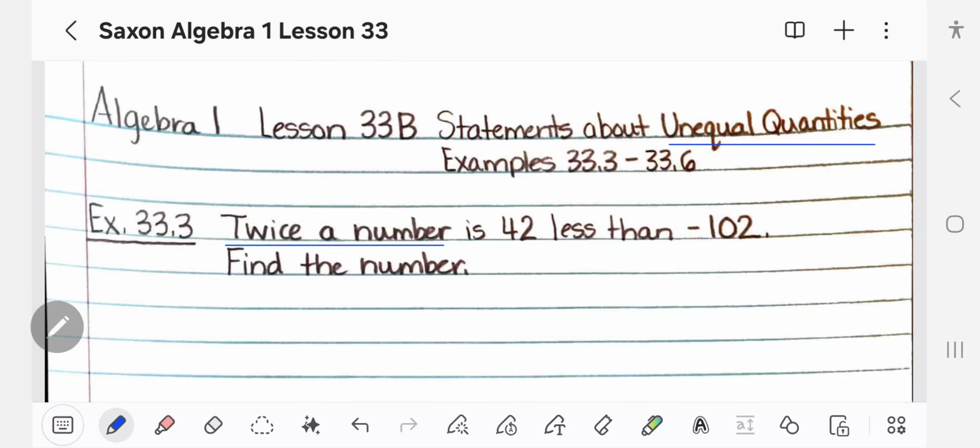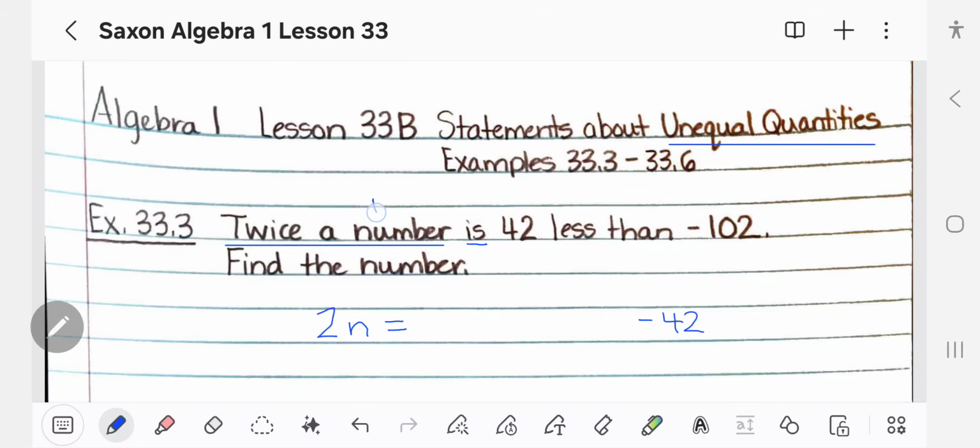Twice a number, okay, twice a number is, and it's not telling me that it is equal to here, it's telling me it is 42 less than something. So here's how I handle that. I say it is equal to this if you took 42 away from it. Does that make sense?